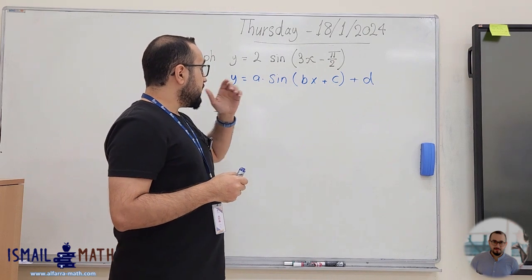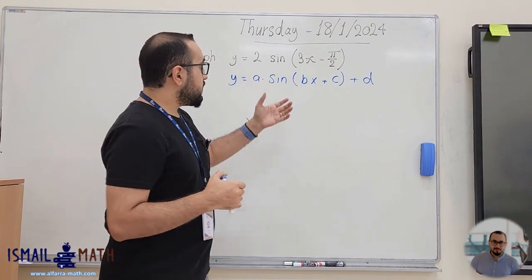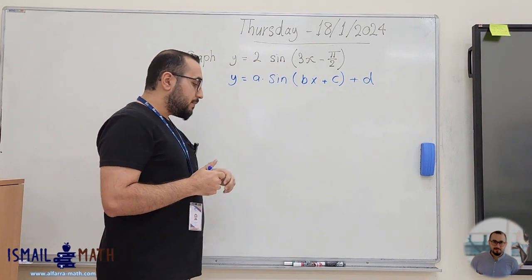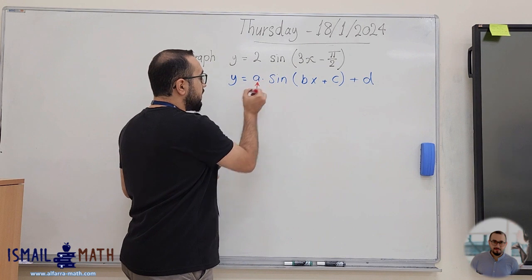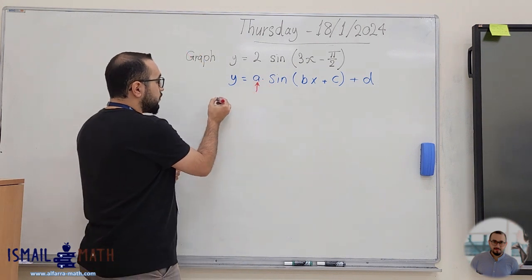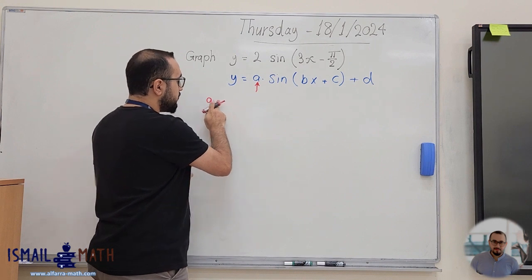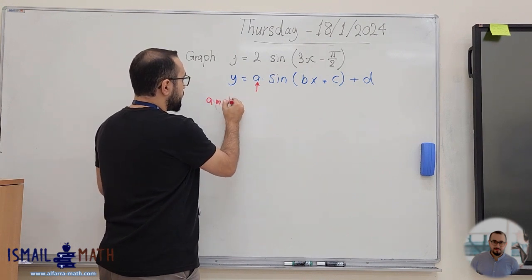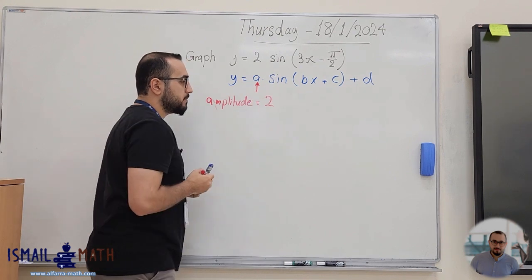If I graph using the McGraw-Hill rule, first let's identify the amplitude. We know that the amplitude is a.